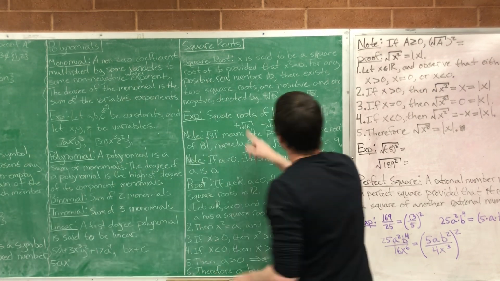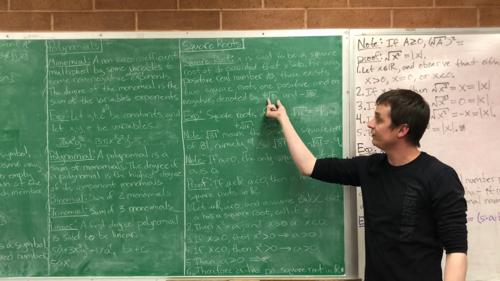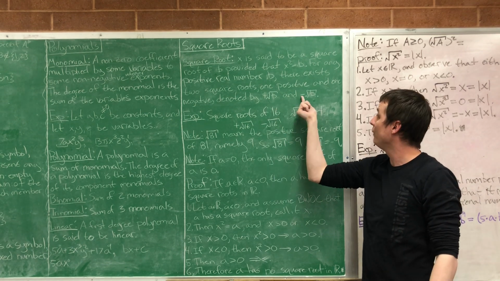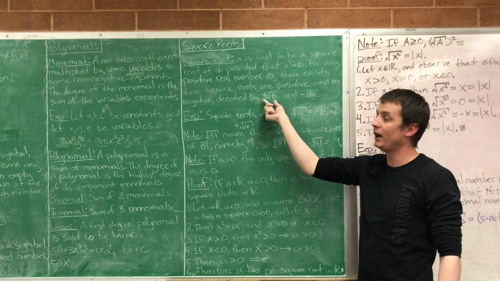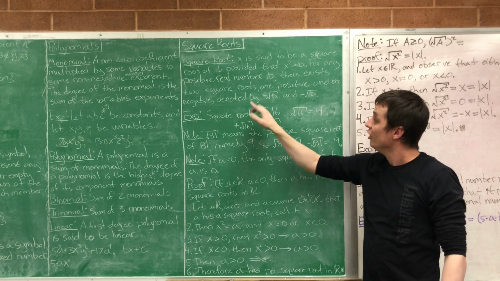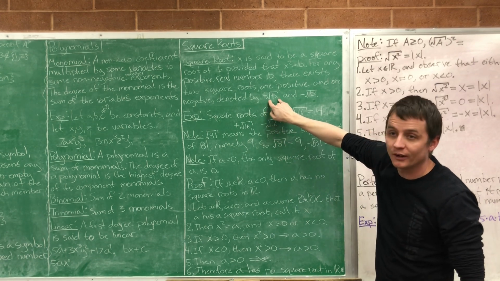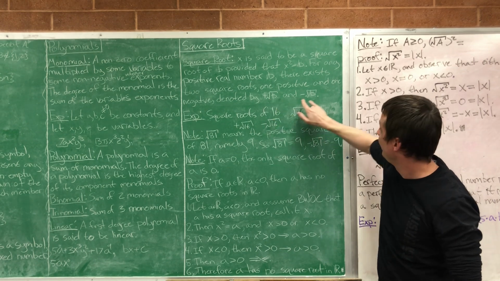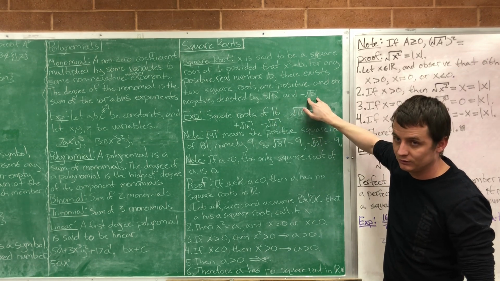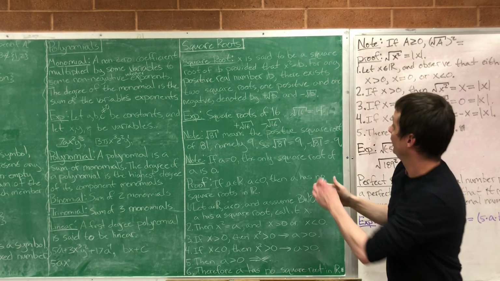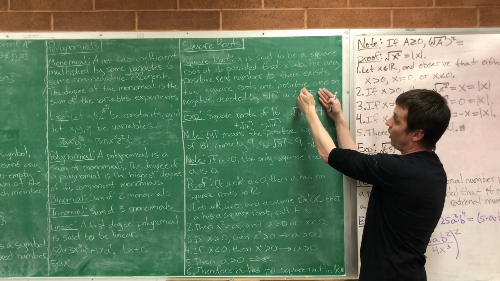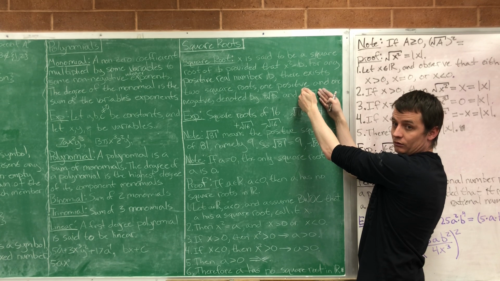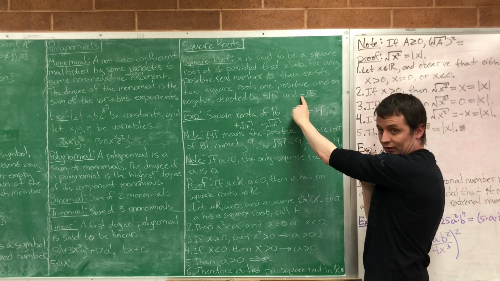We said that the square roots of b are plus that symbol b and minus that symbol b, where this is a negative root and this is a positive square root. So this part right here always spits out a positive number. The negative sign is what makes it negative, but this part right here is always positive.